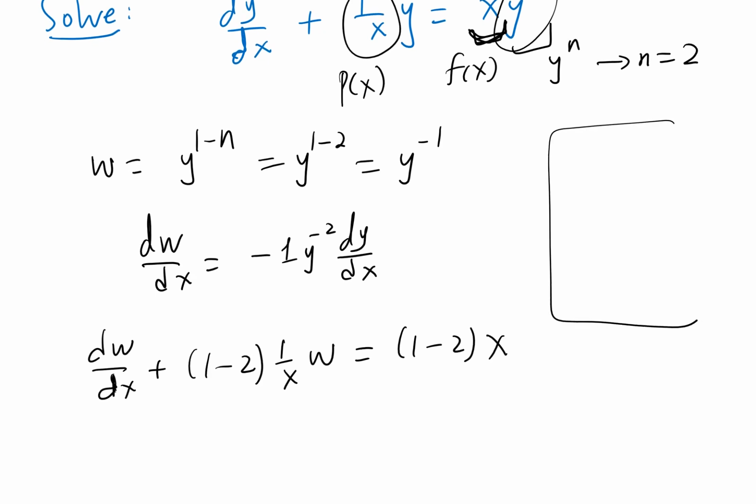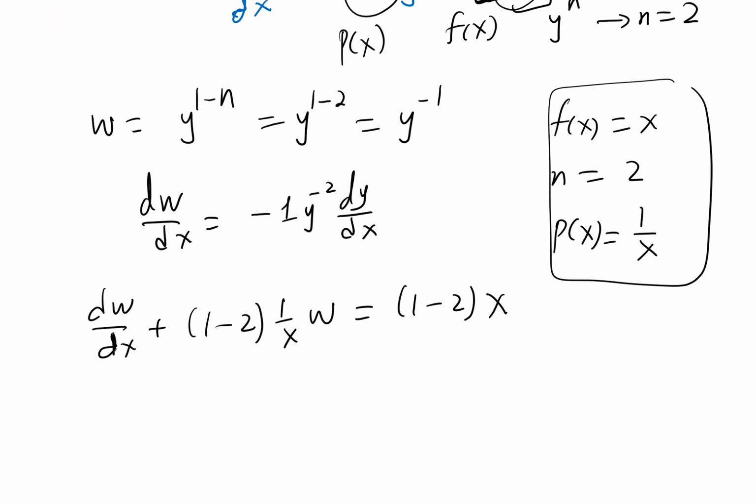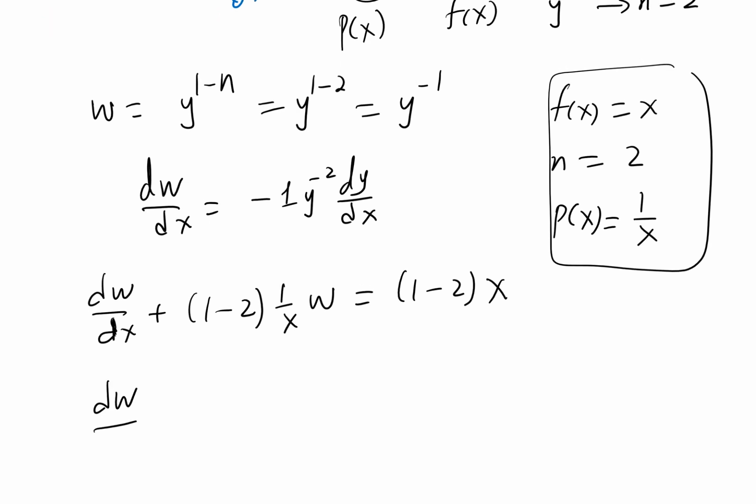So here on the side, f of x is x, n is 2, p of x is 1 over x. So let's see what we get: dw/dx minus 1 over x w equals negative x.